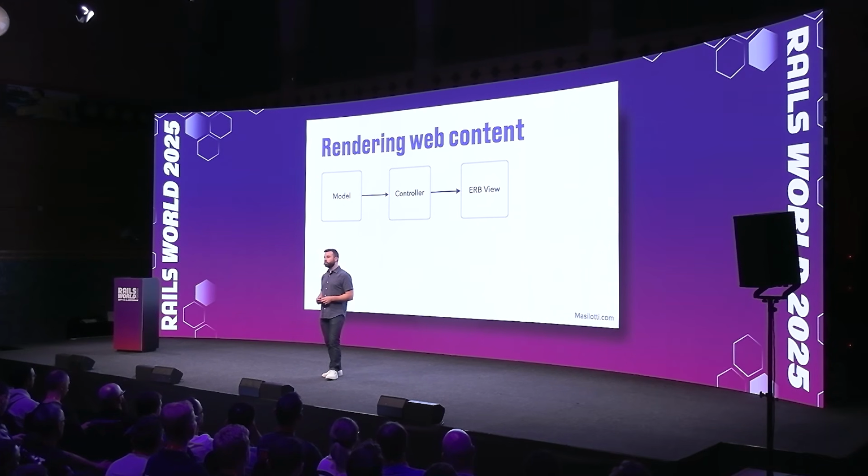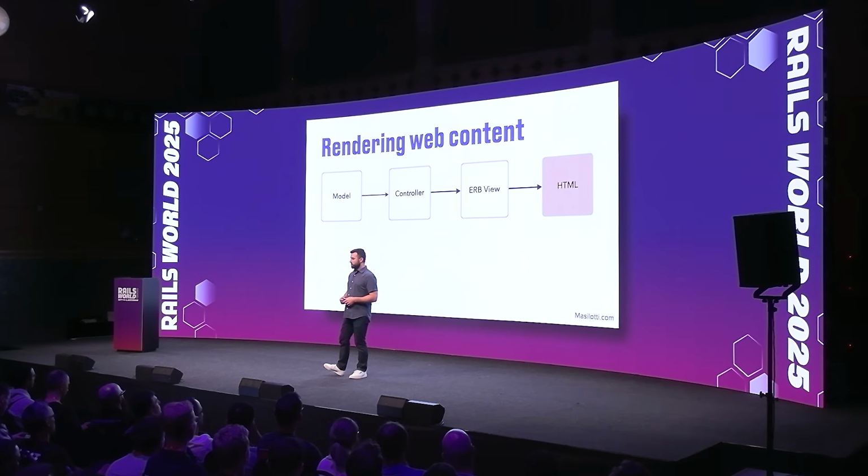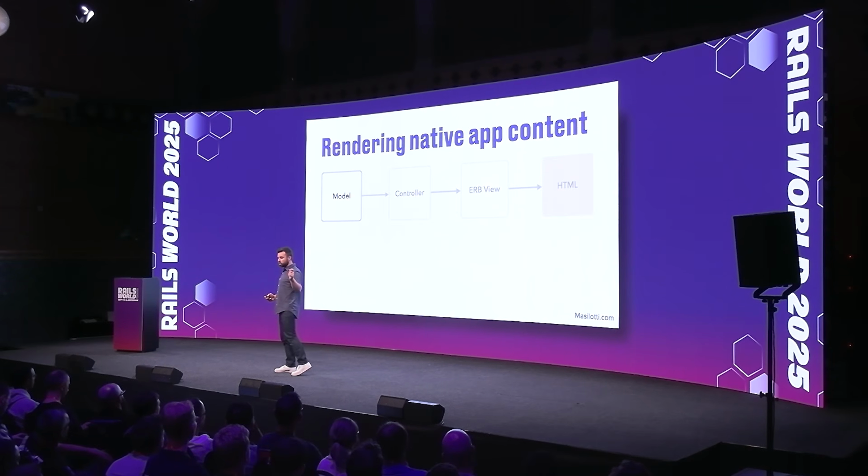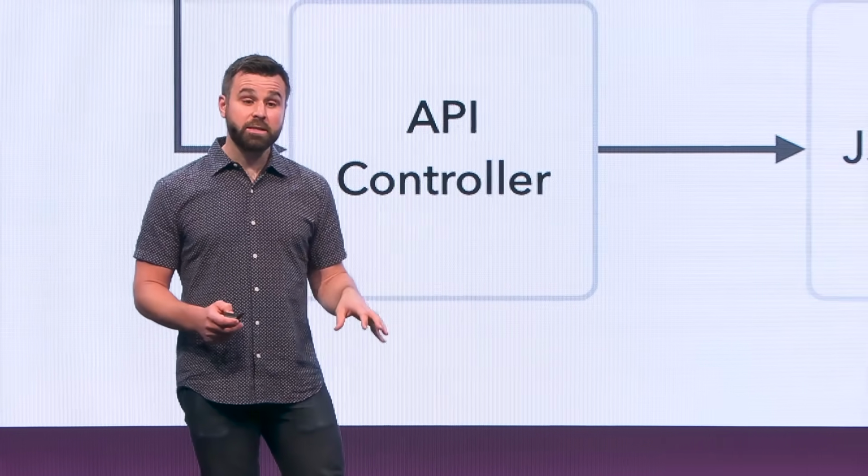Sends data to the view through an IVAR. Maybe you're using ERB. And that renders out some HTML. Easy. But for mobile apps, we need this in place, and then we also need another layer. We need an API-specific controller to massage our data from the model to get it to work in our JSON view.